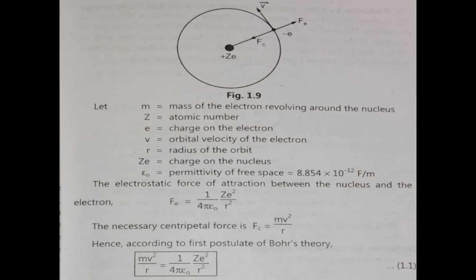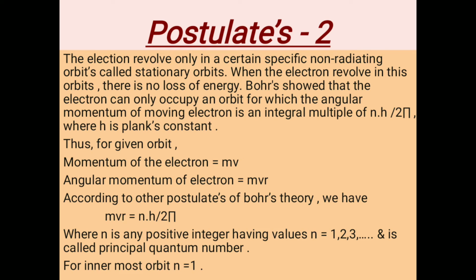So, according to the first postulate of Bohr's theory, the electrostatic force and the centripetal force acting on a charged particle are equal, that is mv²/r equals 1/4πε0 times Ze²/r². This is the first postulate of Bohr's theory of the hydrogen atom.